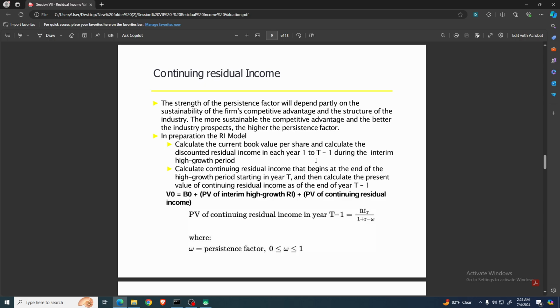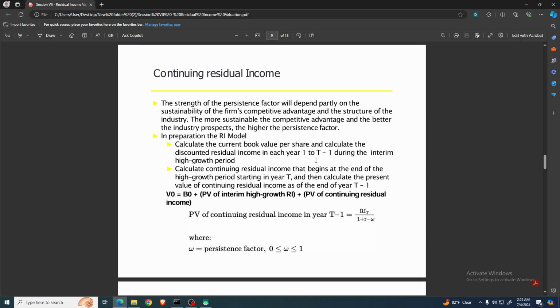The first one would be a high persistence factor, that would indicate sustainable competitive advantage and better industry prospects associated with it, suggesting that residual income will persist for a longer period. And again, as always, vice versa, a low persistence factor would indicate less sustainability and a more rapid decline in residual income.